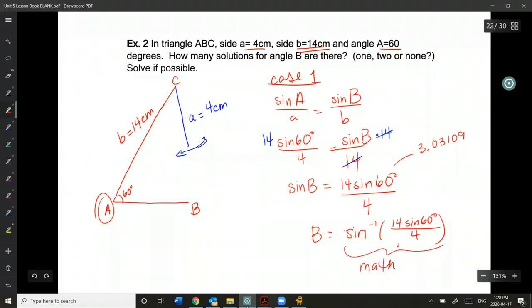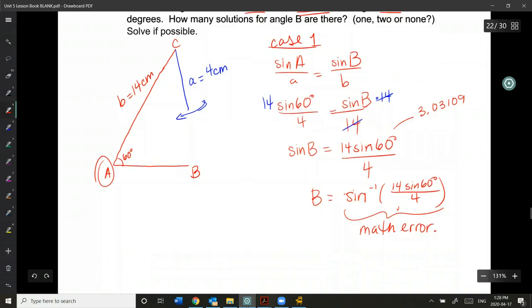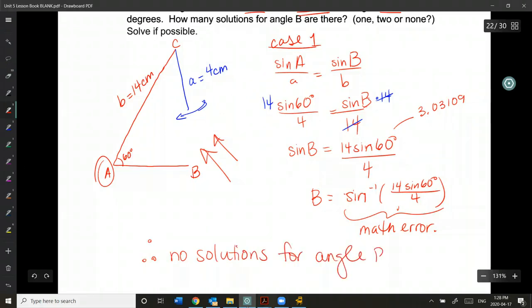And that is actually the mathematical way of the math telling you that this triangle is actually not a possible triangle that can be created. So there's actually no cases in this scenario where there's solutions for angle B. Okay, so we're going to say no solutions for angle B. And in brackets, I'm just going to say triangle is not possible.